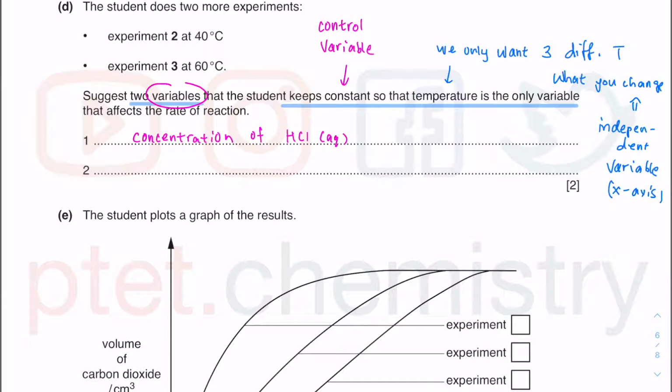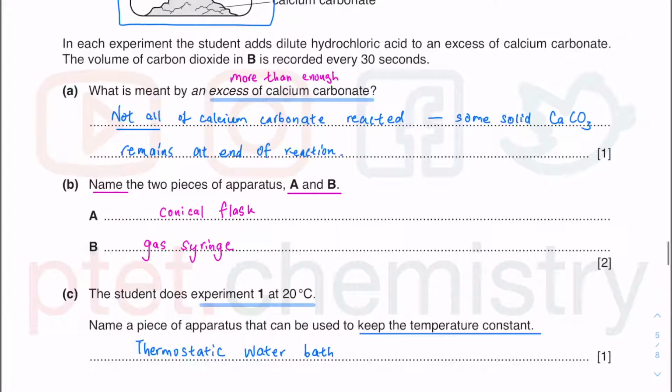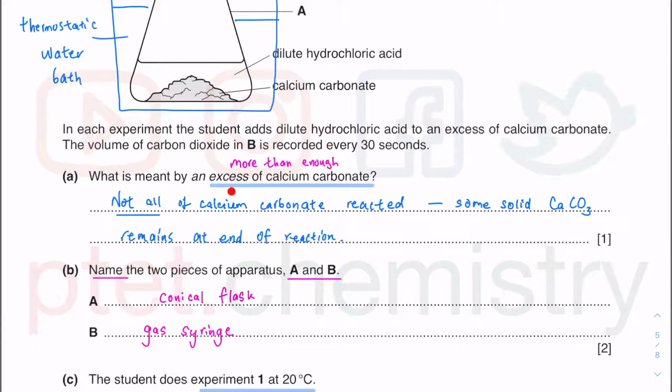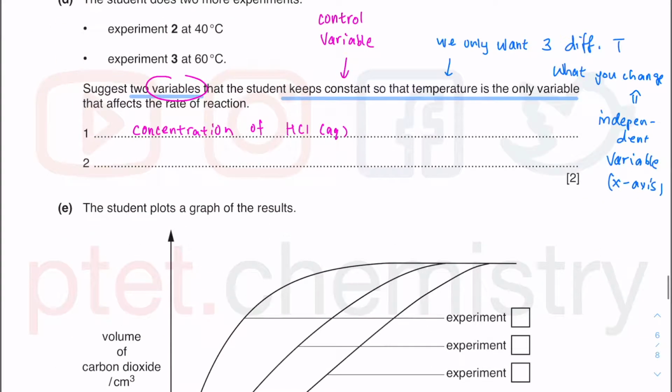The mass of the calcium carbonate wouldn't matter because the calcium carbonate is in excess anyway. So it doesn't matter if you use the same mass or not. Not all of it will react. So in this case, the mass of calcium carbonate wouldn't matter. But you want to have the same surface area of the calcium carbonate solid.